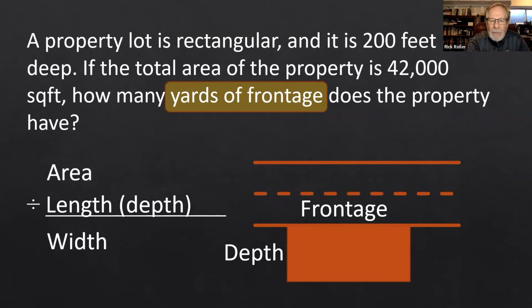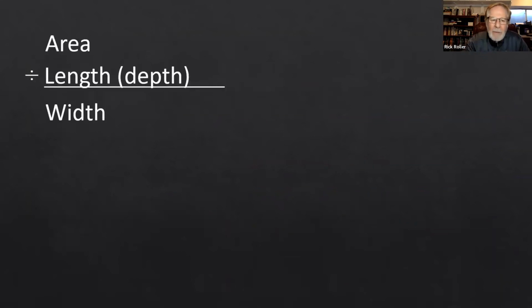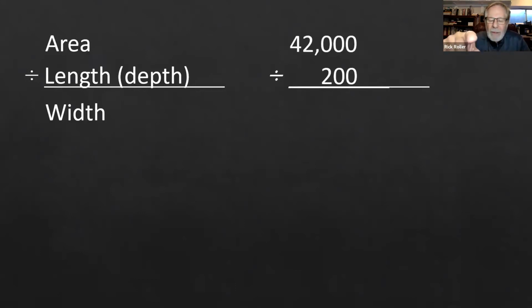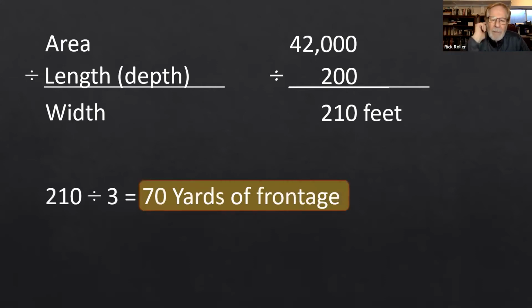So the frontage would be, let's go ahead and throw some numbers up here in the next frame. We have the whole area, which was 42,000 feet, and we know the depth was 200, so we divide that, and we have 210 feet. So 210 feet times 200 feet would give us the 42,000 feet.